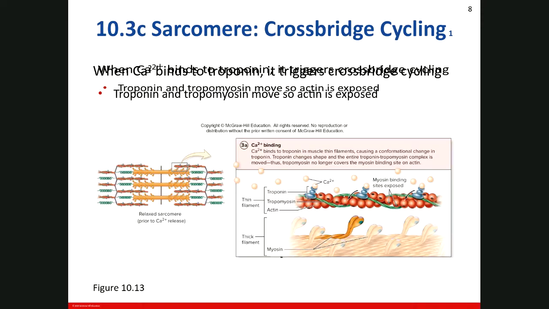The next step is called crossbridge cycling. In the crossbridge cycling, the calcium ion, which is released from the sarcoplasmic reticulum, comes and binds to the TnC of troponin. The TnC of troponin and calcium attach together. The shape of our troponin changes, and this configurational change can move our tropomyosin.